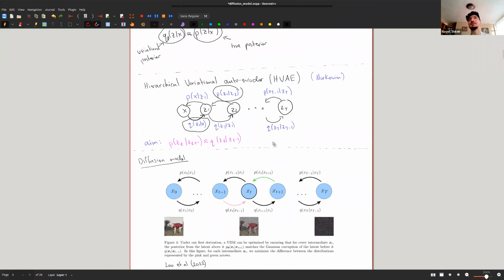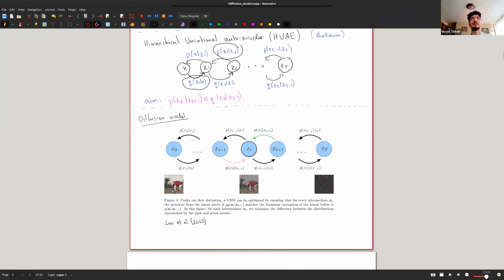The reason this is an instance of the hierarchical variational autoencoder is that in the HVAE, the latent Z's are of lower dimension than your X's, whereas in the diffusion model, your X and Z's are of the same dimension. The other thing is the encoding process is fully defined in diffusion models, which will make sense a bit later. A nice example here is you go from this image of a dog, and then you keep adding Gaussian noise until it becomes blurry and then becomes full noise.